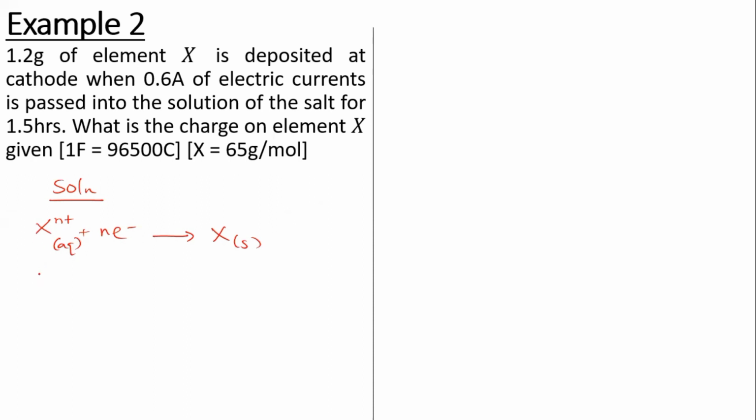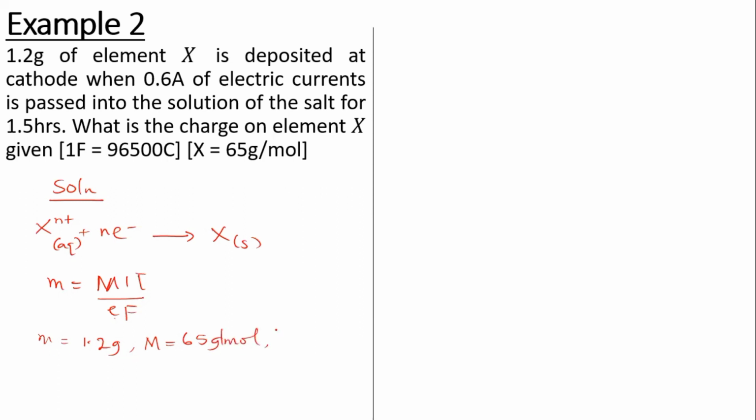Now, of course, there is a mark for this. Now, we can remember our formula. M equals the atomic mass multiplied by the current and time in seconds, all over E times F. So E is the moles of electrons here, and F is the Faraday. All right. So M is 1.2 gram, and the capital letter M, you can remember that it is the atomic mass of the element, which is 65 gram per mole.